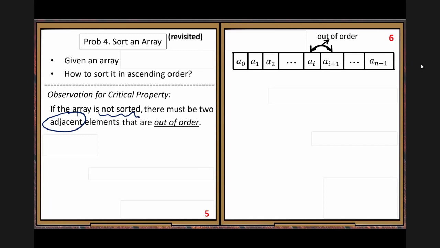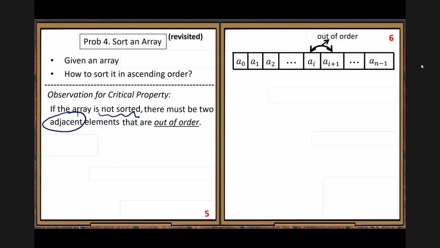When it breaks somewhere, that pair is not in ascending order. That pair is out of order. Can you see that? If you can see that, you'll find some new property. That's the new property you discovered that could be useful to give us a new solution.